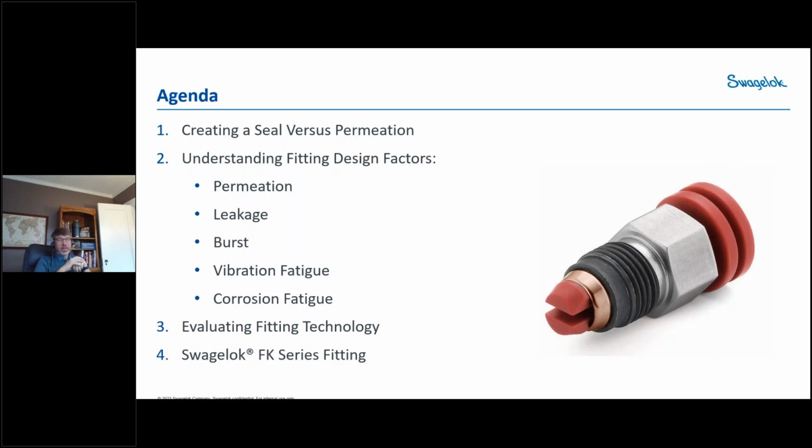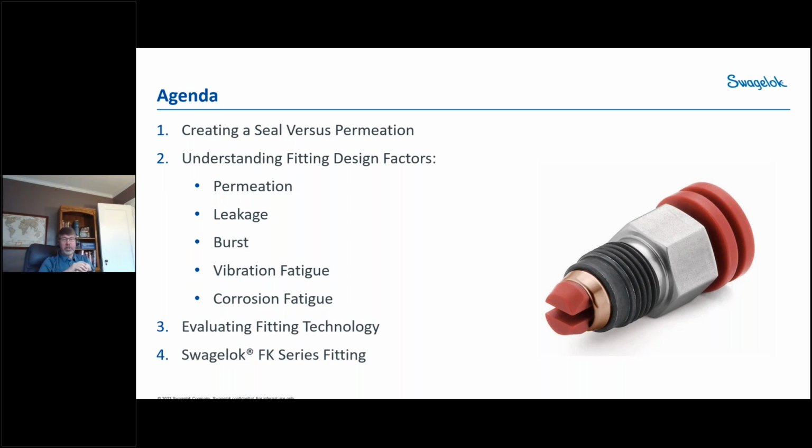We're going to start with discussing what it takes to create a seal. Every fitting is there to make a seal between two components, usually tubing and some valve or some other product. And we want to understand what that is versus permeation. When we then look at different fitting designs, fitting technologies, we want to make sure that we can evaluate how that fitting technology can protect the users from permeation, from leakage, from burst, and then other failure mechanisms like Callum mentioned, which is vibration and corrosion.